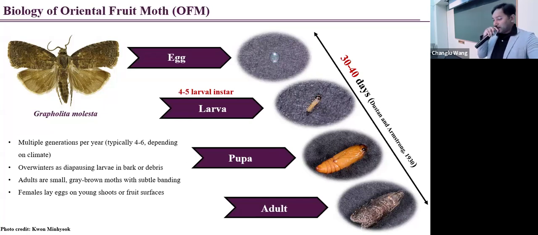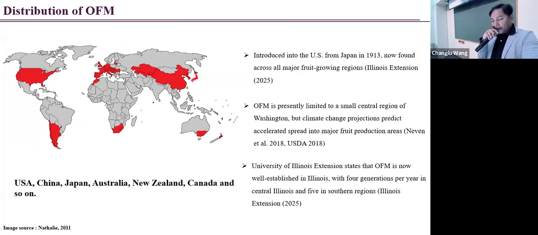and they stay in the bark or in the debris, and females lay eggs on the shoots or on the fruit surfaces. And here you can see the distribution, the red marks. This pest is distributed in the USA, China, Japan, South Korea, New Zealand, Canada, and so on.